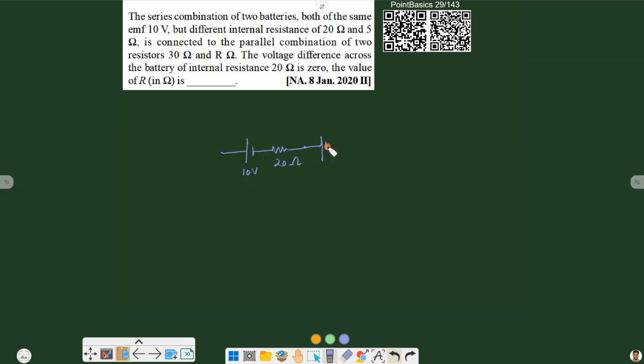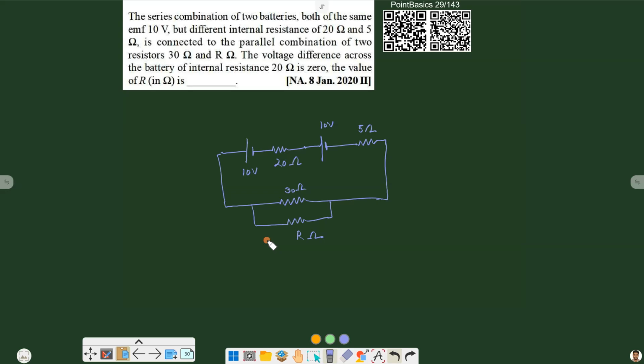Now we have another battery of the same 10 volt potential with internal resistance of 5 ohm, and they are connected to a parallel combination. So this is our parallel combination. This is 30 ohm, and there is another resistance in parallel with this, that is R ohm.